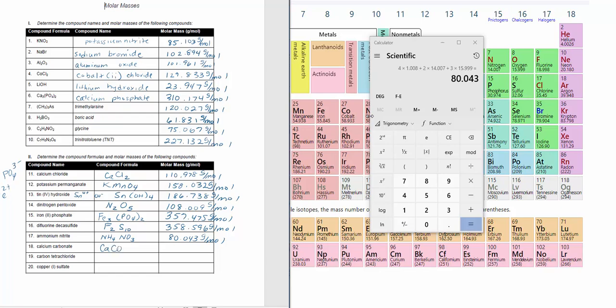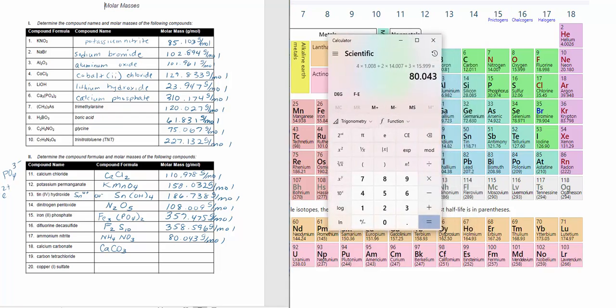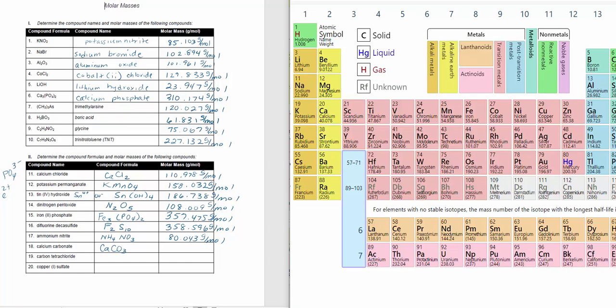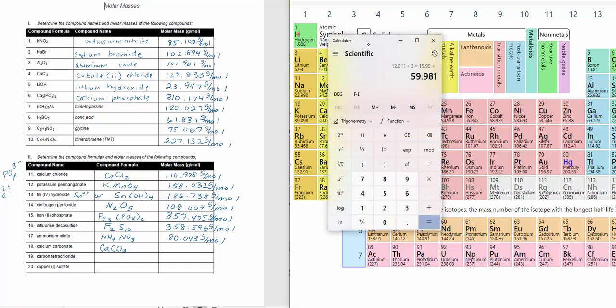Calcium carbonate. Calcium makes a +2, carbonate makes a -2. So this is the compound formula for calcium carbonate. So I'm over here with carbon and oxygen. I'm going to start there. I have 1 carbon and 3 oxygen. Now I'm going to add a calcium, which is found over here in column 2.